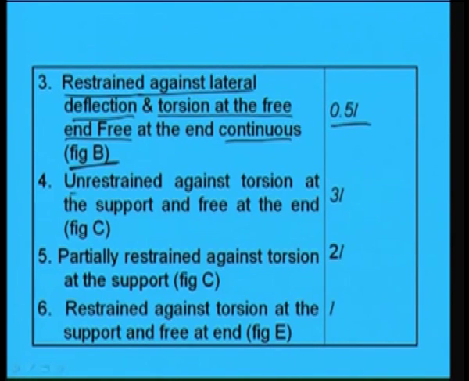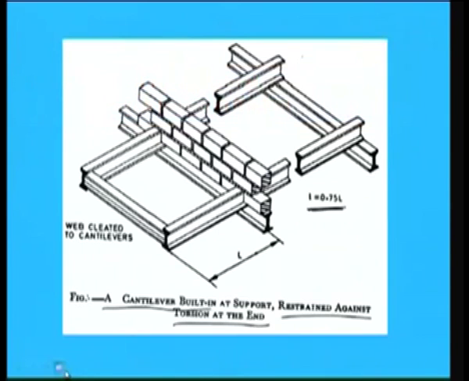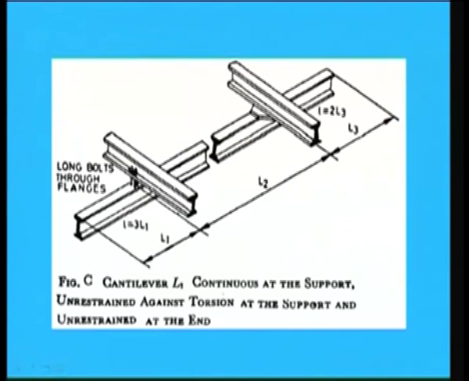Again, when unrestrained against torsion at the support and free at the end, in this case, in figure C it is shown that L will become like this, right. So, if L1 is this, L2 is this and L3 is this, then L will become 2L3 and here L will become 3L1.